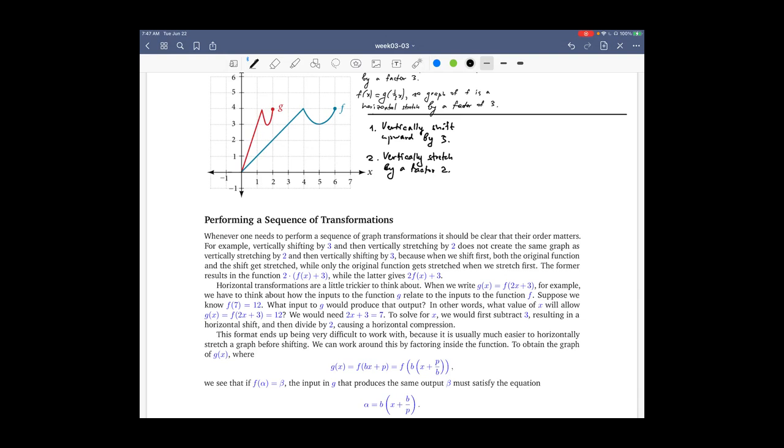What kind of graph will that be? Well, a vertical shift upward by 3 results in the graph f plus 3. And a vertical stretch by a factor of 2 results in twice whatever we began with.